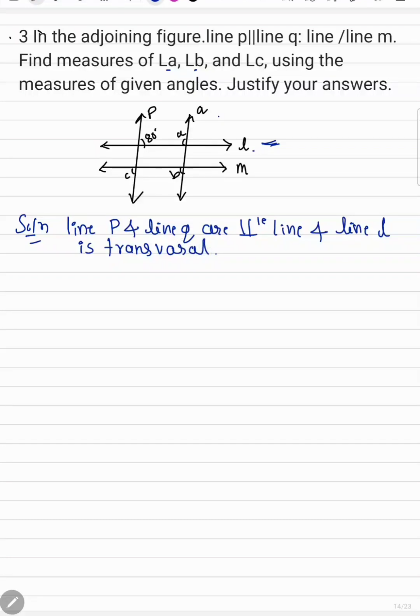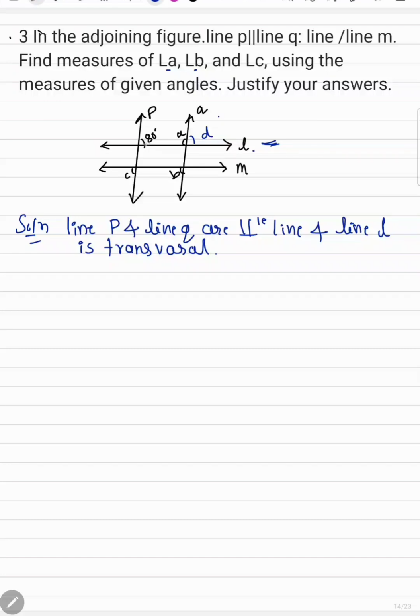And then we write this angle as C and this as B, and here this angle we take as D.